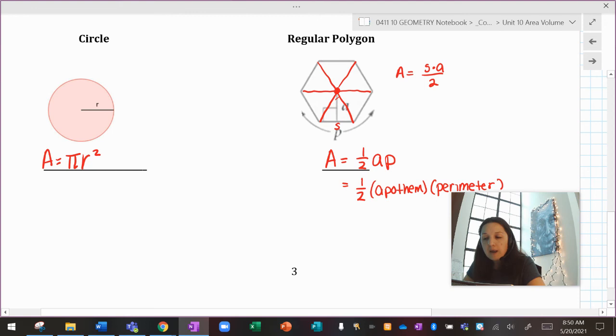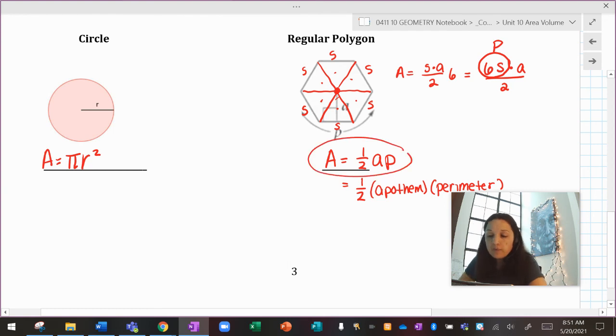Well, I would then have to multiply this by the number of sides I have, which is 1, 2, 3, 4, 5, 6, which is 6s times A divided by 2. 6s would mean take all the s's. That's the same as the perimeter. So I'm doing perimeter times apothem divided by 2, which is 1/2 AP.